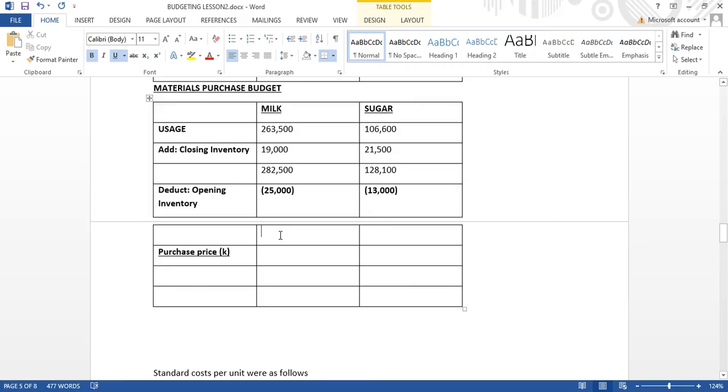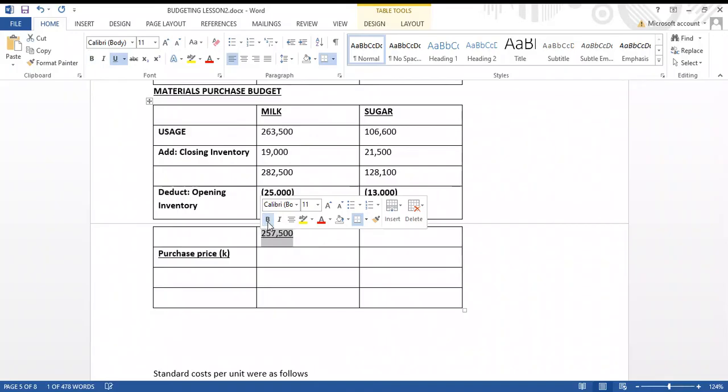So I'm going to say 282,500 liters of milk subtracted by 25,000 liters. So we need to purchase 257,500 liters of milk. That's how much we need to purchase.